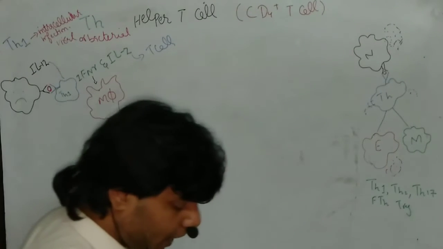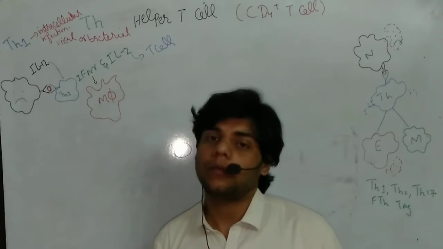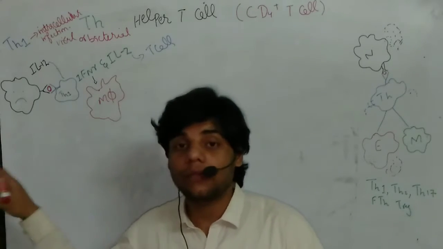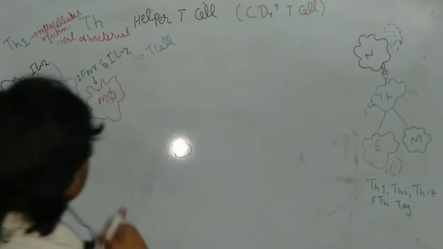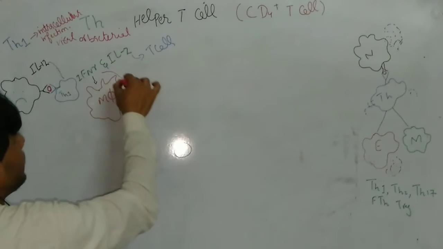Sometimes what happens, if the macrophages fail to engulf the bacterial cell, then this interferon gamma will also activate the B cell.